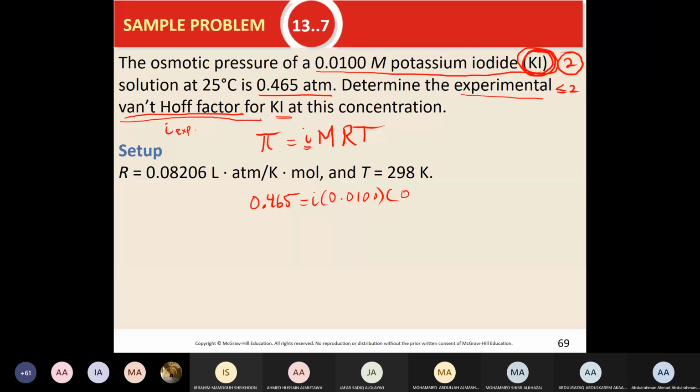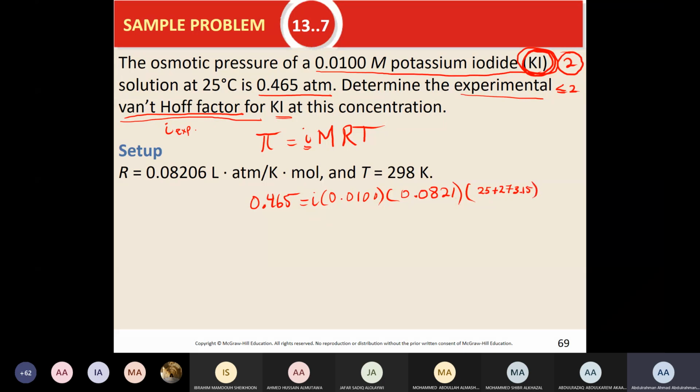The constant, yes, 0.0821, times what? 298, which is 25 plus 273.15.